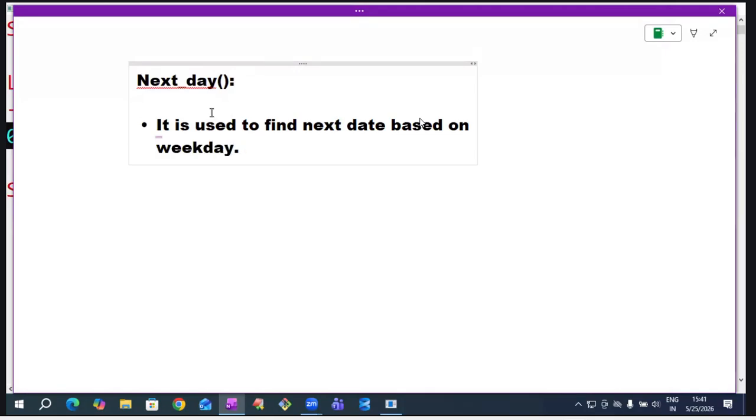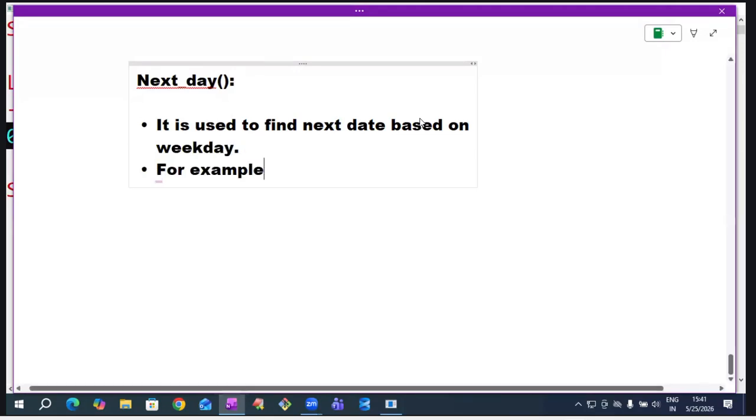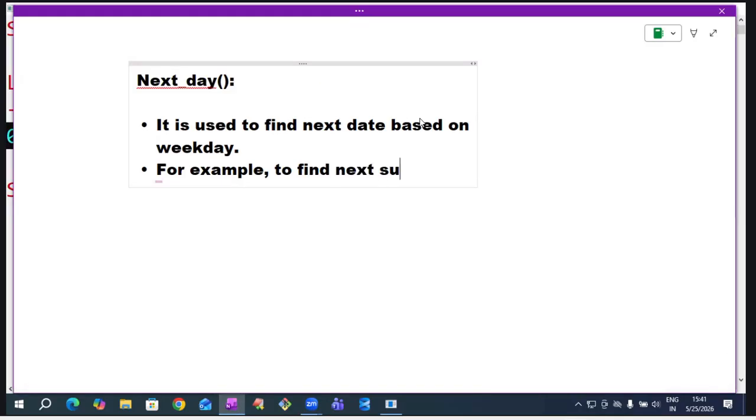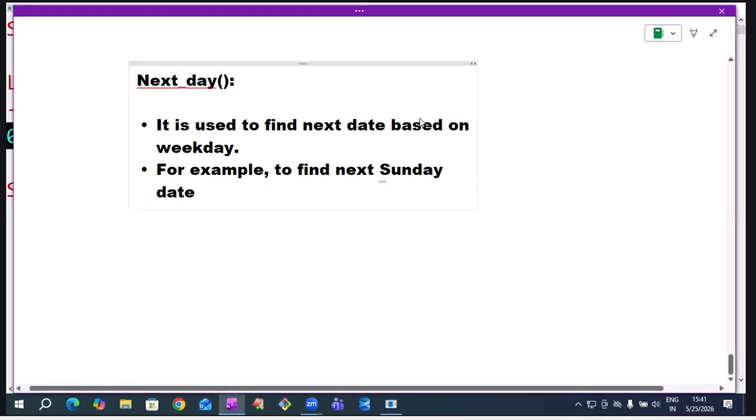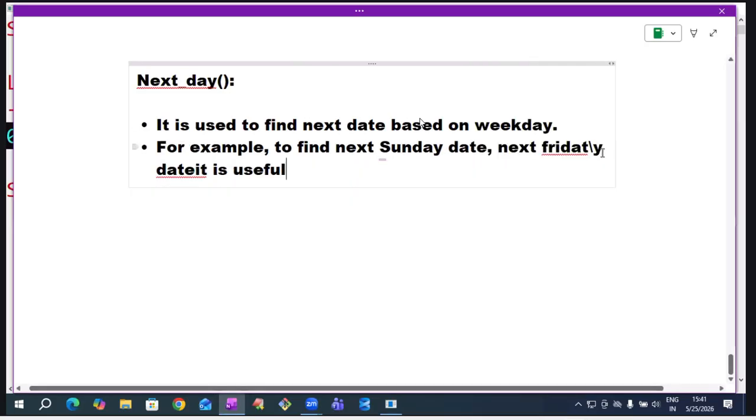For example, to find next Friday date, next Sunday date, it is useful. That's it. To find next Sunday date, next Friday date, we can use this. How to find?